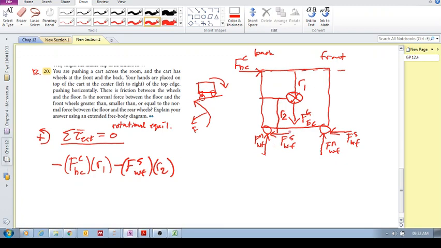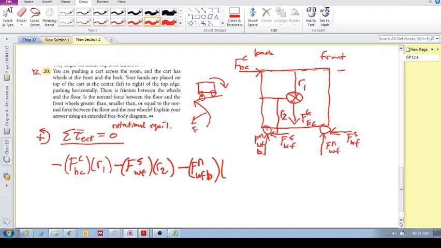Now what about this guy? We've also got minus F_n, wheel on floor, and let's call this the one at the back.